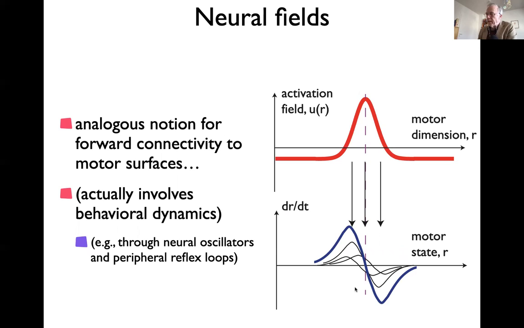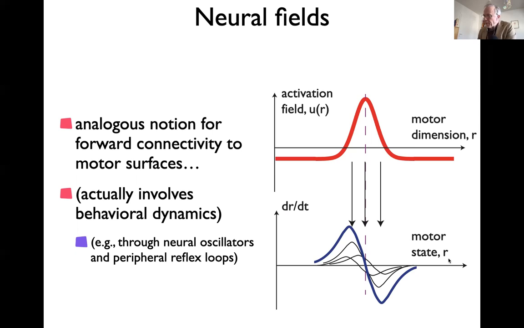And therefore you could say different locations in the field stand for different motor states. A bit ambivalent here about exactly what a motor state is. We'll have an opportunity to think about this more deeply in a couple of lectures down when we couple fields to actual agents, to Braitenberg-like agents.